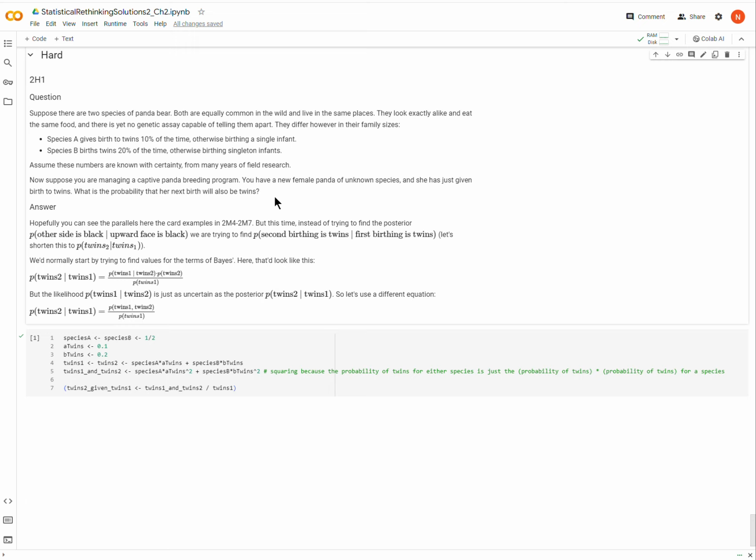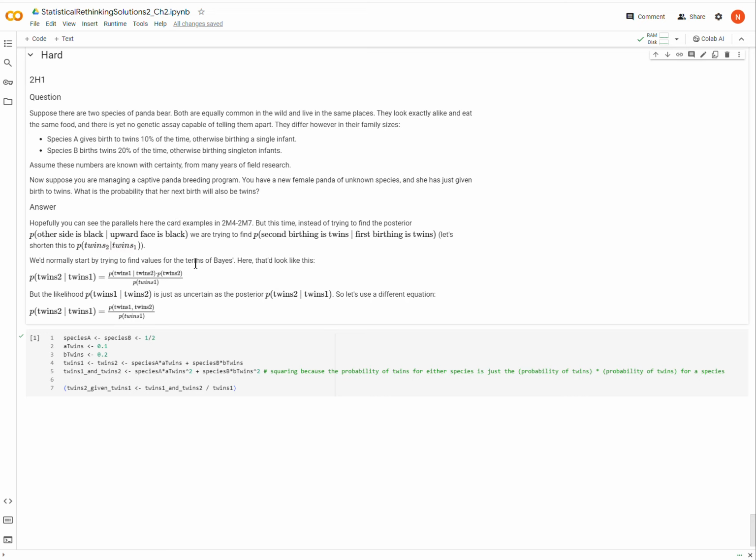And we used information given in the problem to try to decide what color the other side of that card was. We have something similar going on here, but now we're trying to find the probability that the second birthing will be twins, given that we saw that this first birthing was twins. And so we'll use this kind of notation here: twins 2, twins 1.